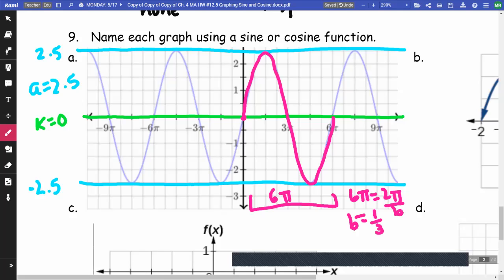I've got my A, my K, my B, and I'm starting at 0, so I've got everything I need. So my equation, I'm going to write it down here: y is equal to a positive 2.5 sine 1/3 x, and that's my equation.